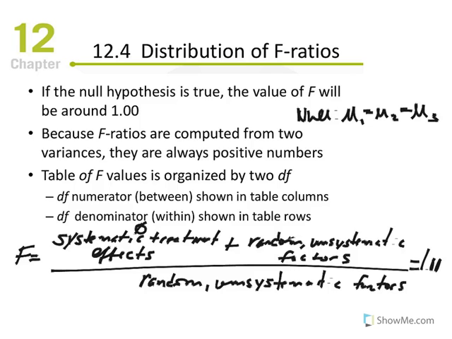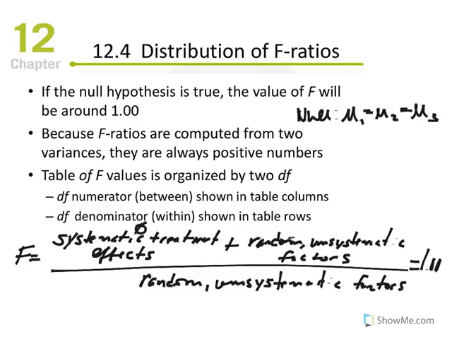But before we examine this new distribution in detail, we should note two obvious characteristics. Because F ratios are computed from two variances, the numerator and denominator of the ratio, F values always are positive numbers. Remember that variance is always a positive value. Next, when the null is true, the numerator and denominator of the F ratio are measuring the same variance.